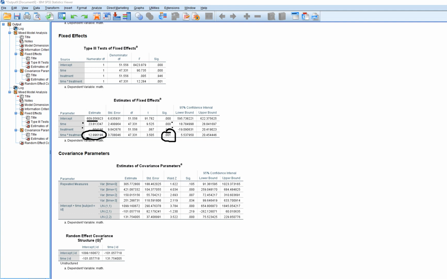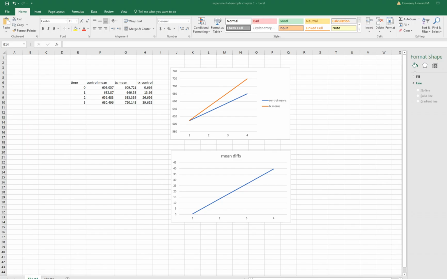So in other words, this is kind of what we're assuming in terms of the difference between the treatment and control groups, the increased difference between those two groups as we move from one time point to another. So right here, this is just in Excel.